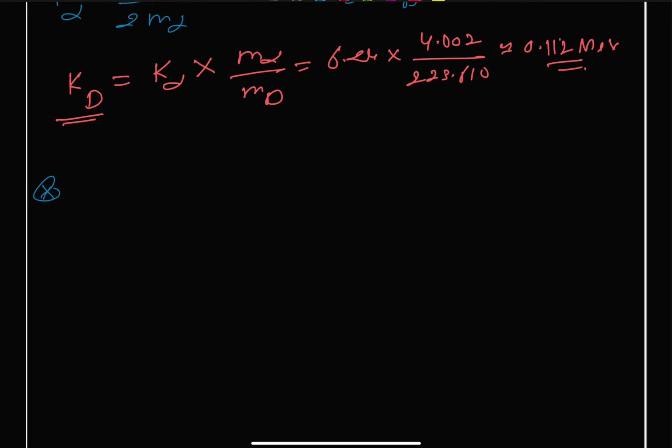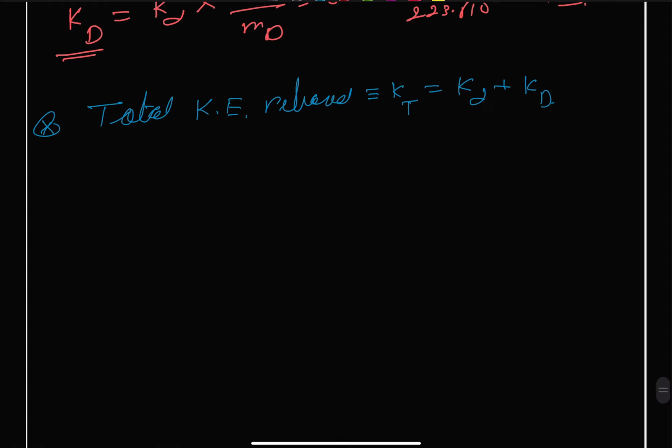So we have total kinetic energy released, K total, equal to K alpha plus K of daughter, and we get this as 6.24 plus 0.112, approximately equal to 6.352 mega electron volt. Now we can use the mass energy conservation principle and find out the mass of the parent nucleus.